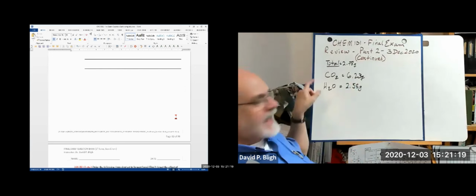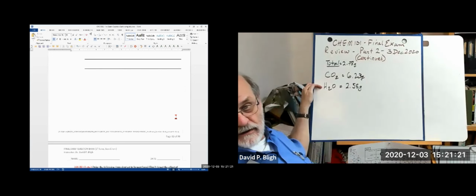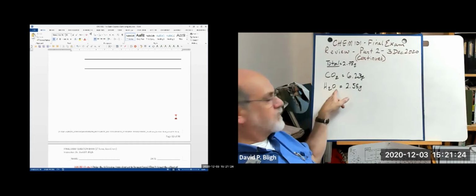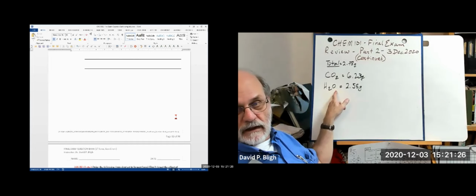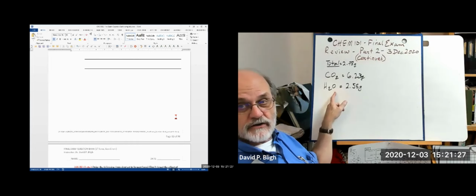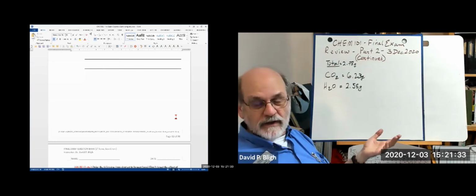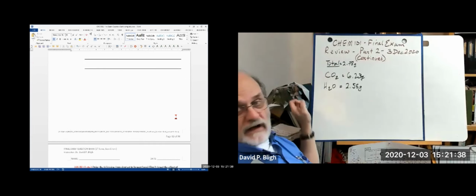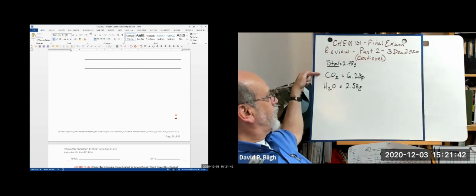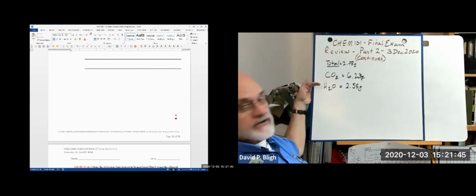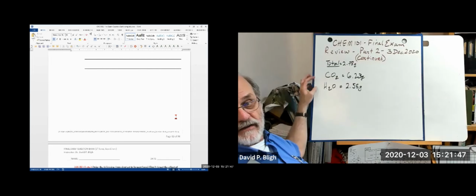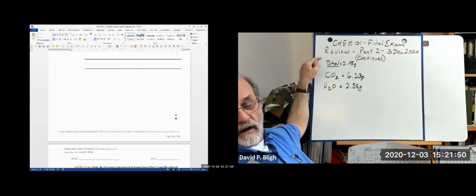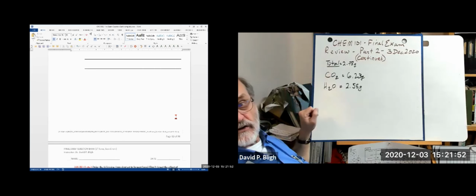Okay, that accounts for carbon and hydrogen, but we don't have an independent determination for oxygen because oxygen was used to combust the sample, right? So you can't determine the oxygen except by difference. If you know that it's carbon, hydrogen, and oxygen only in the compound, then once you find out how much carbon it is, how much hydrogen it is, then you subtract those two from the total and you get the oxygen, right?